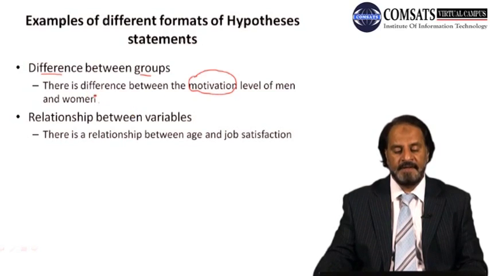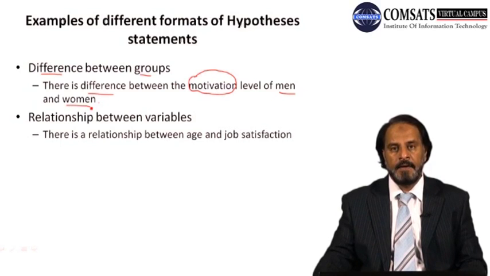We're saying there is a difference between the motivation level, but here the focused area is motivation, and we are trying to divide it into two different groups, men and women. So this is an example of a hypothesis statement where group differences have been established on a specific variable, that is motivation.